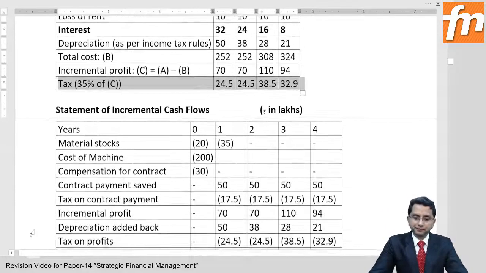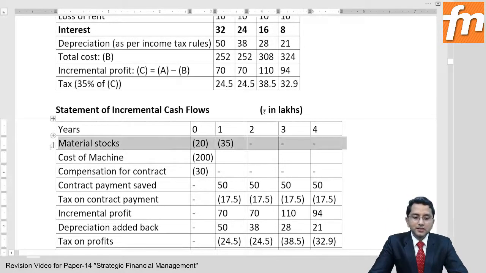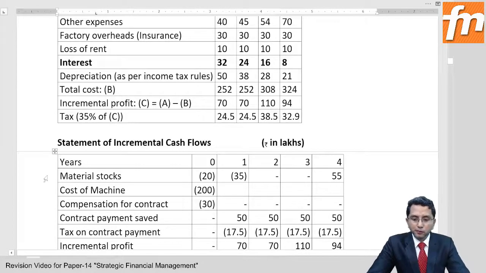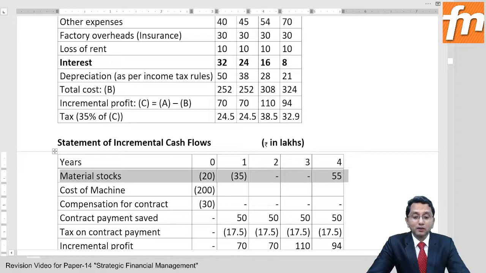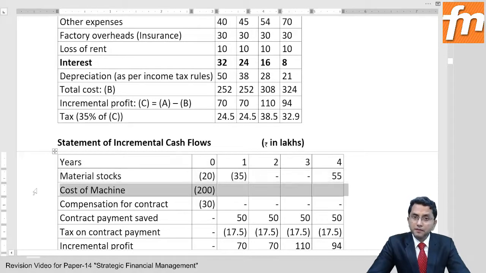Still, this is like working capital. So, working capital outflow at 0 year 20 lakh, at first year 35 lakh, and at the last, this 55 lakh will be recovered entire. Cost of machine, outflow 200 lakh.